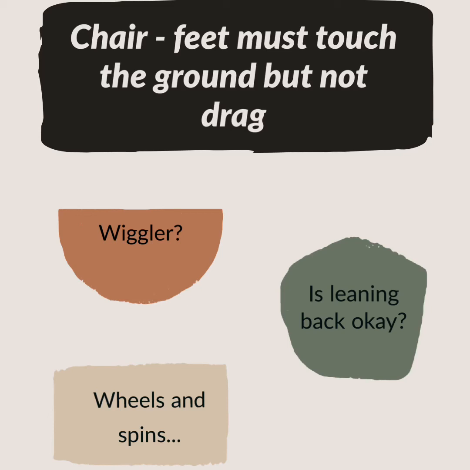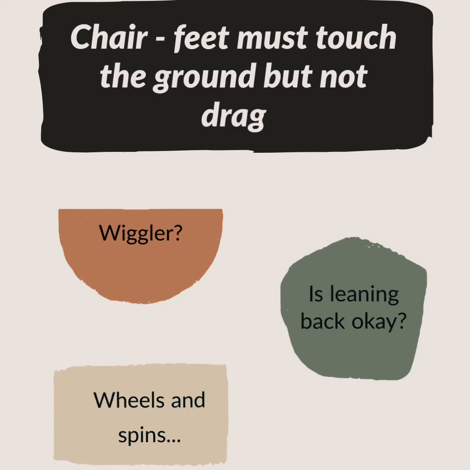Their feet don't drag, and they don't have to put their feet backward in order to sit because the chair's too short, but their feet need to be able to touch the ground. We don't want them sitting in a chair where their feet are dangling. That's going to cause not only problems with them wiggling more, but they're going to be focusing on trying to hold their body up, and we don't want them to focus on that.